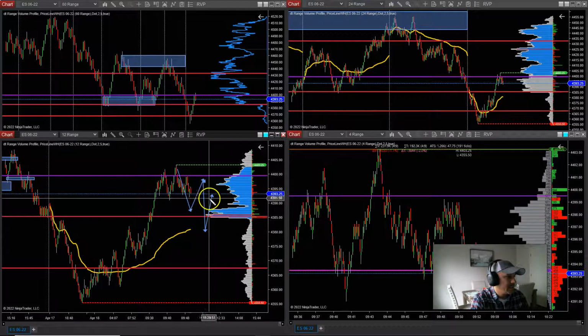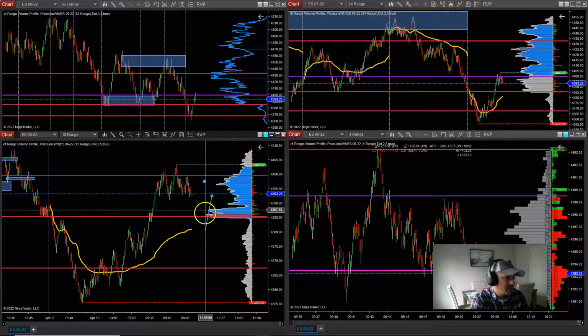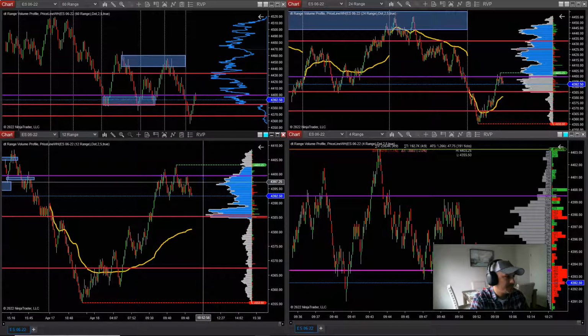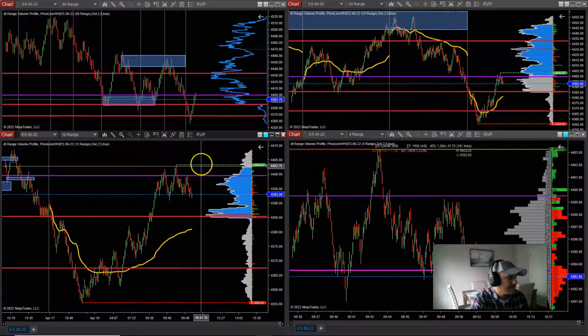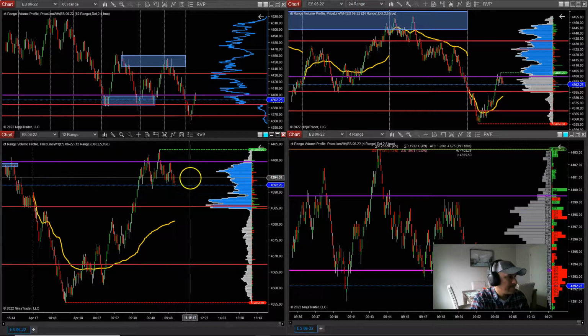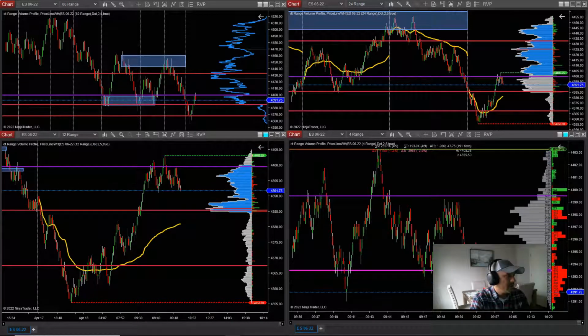So we always want to take the entry on a pullback. So I'm looking to see if price is going to continue breaking down and breaking structure to the downside. Let's bring this back over here.